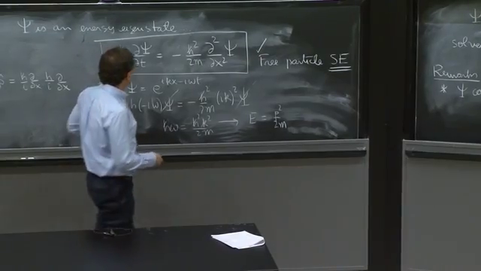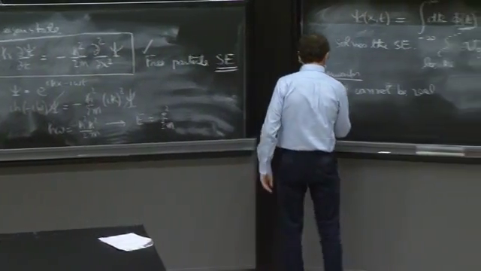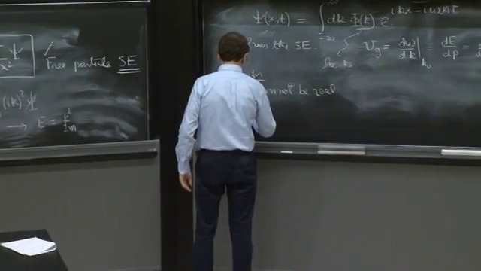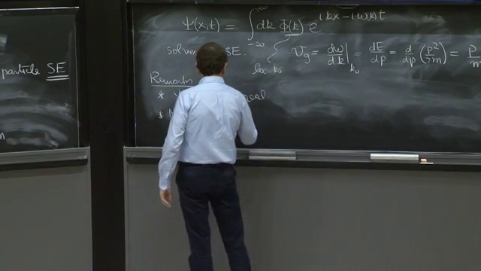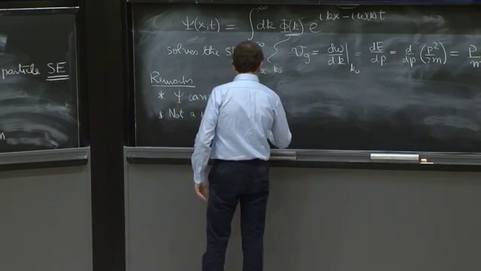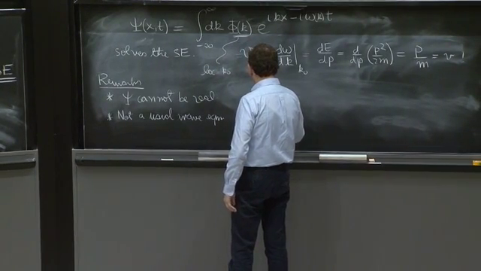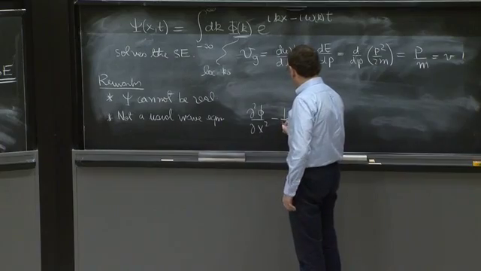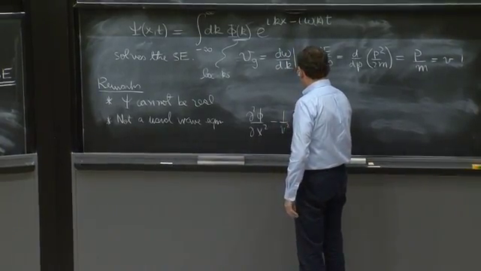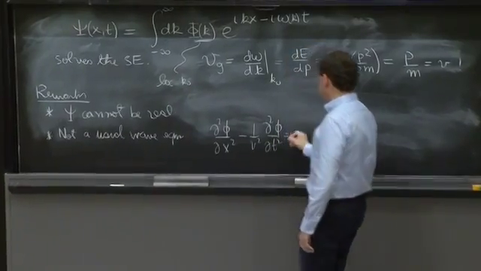Another remark is that this is not a wave equation of the usual type. What a usual wave equation is something like d second phi dx squared minus 1 over v squared d second phi dt squared equals 0.